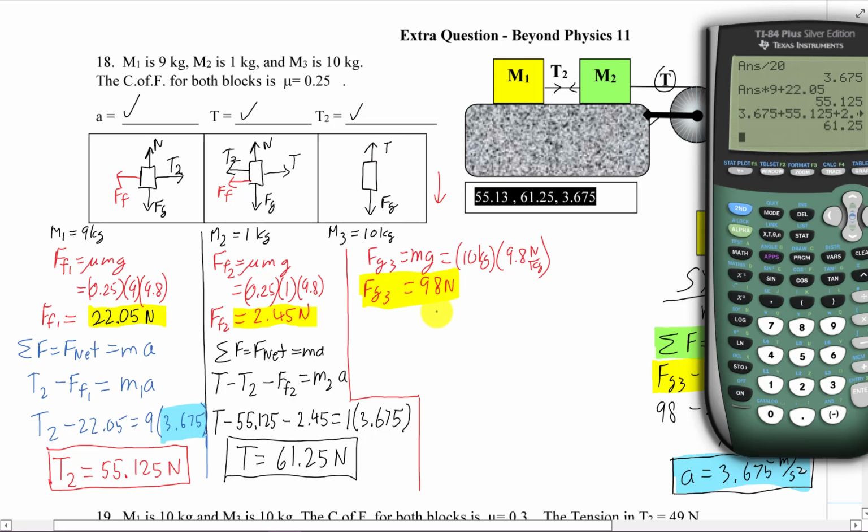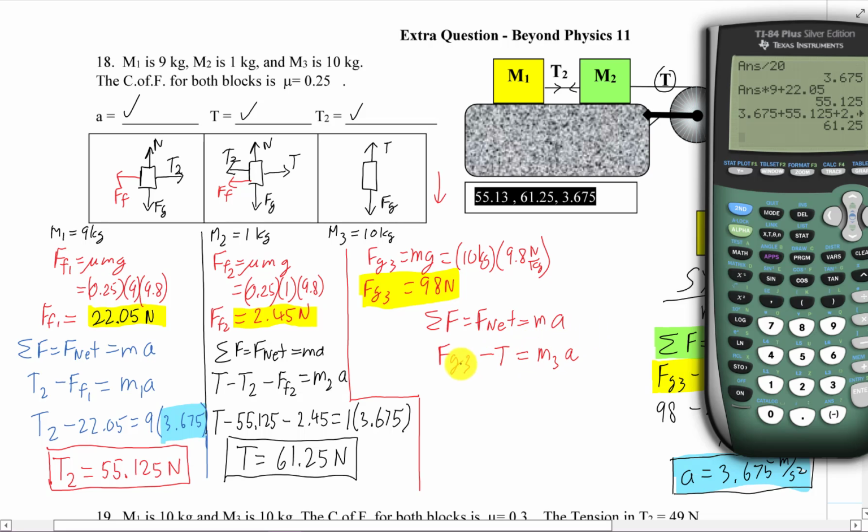Sum of the forces is equal to F net equals ma. And the downward force is winning, force of gravity. And that's the force of gravity on number 3, not the whole system, just on number 3, because we're only looking at M3 right now. Minus that tension force we just calculated is the mass of number 3 times the acceleration.